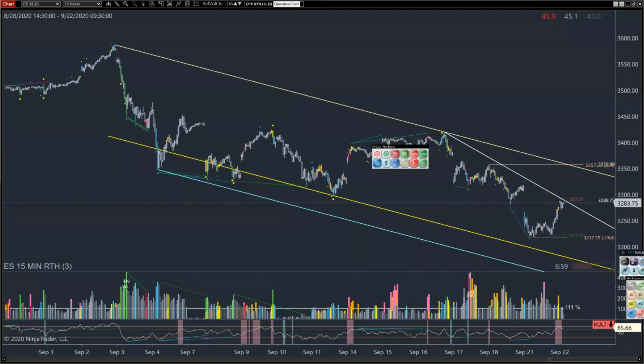We'll go an extra 45 minutes today as well. Control Shift up.